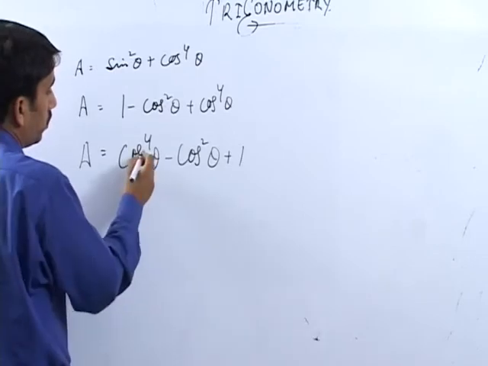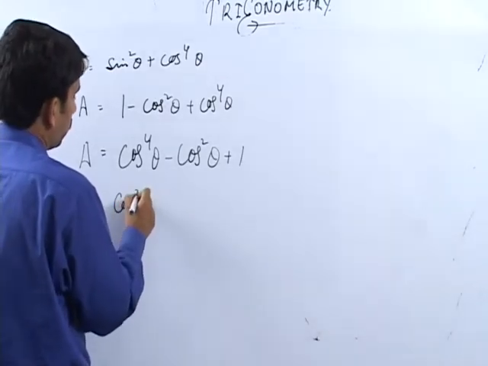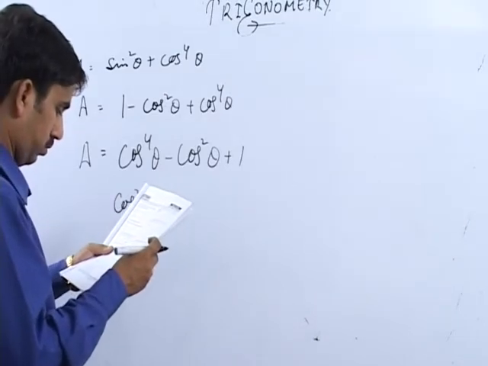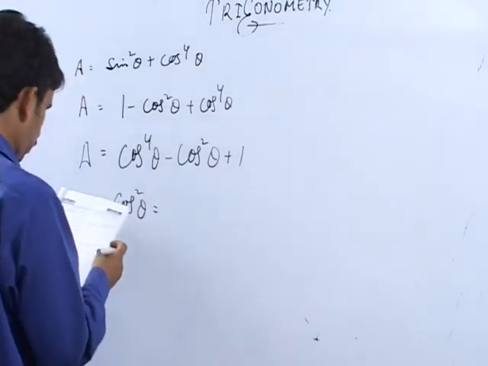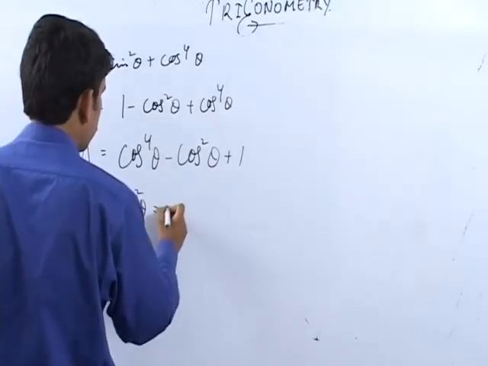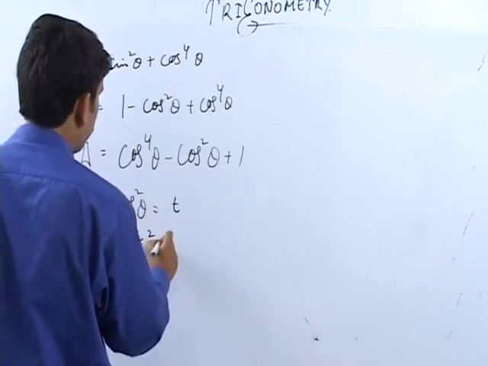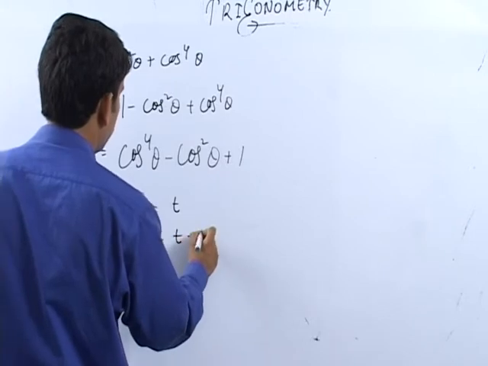Now if you put cos square theta equal to t, you will get a is equal to t square minus t plus 1.